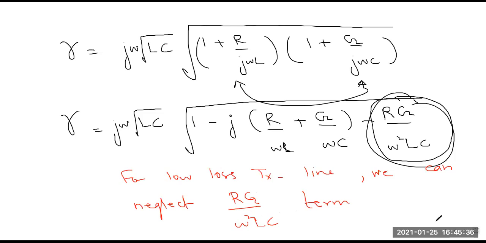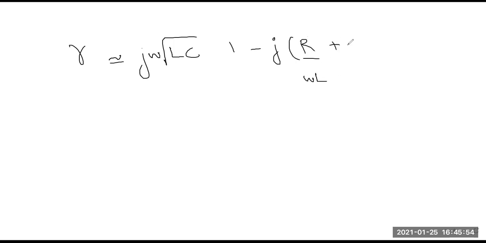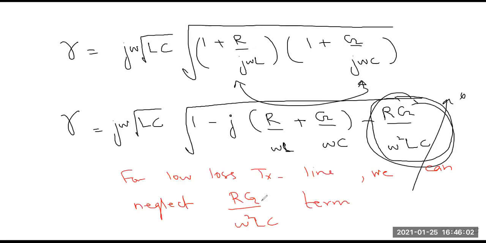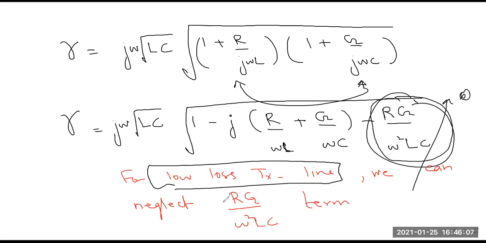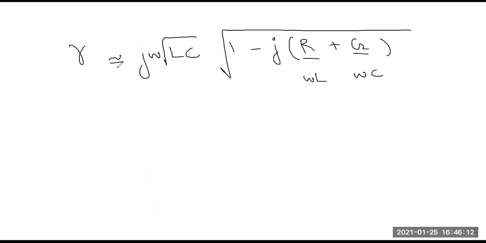As a result, we get an approximation: the propagation constant is approximately equal to j omega square root of LC times the square root of 1 minus j (R divided by omega L plus G divided by omega C). I just neglected this term, but I can only neglect it if you are dealing with a low loss line. That's the reason that from equality, we now have approximately equal to.